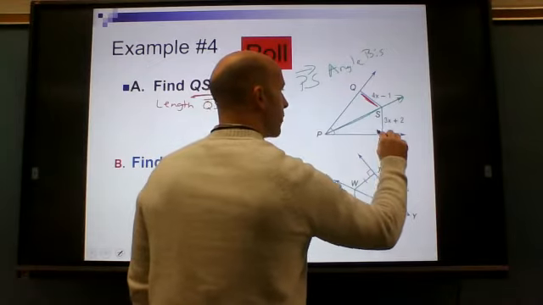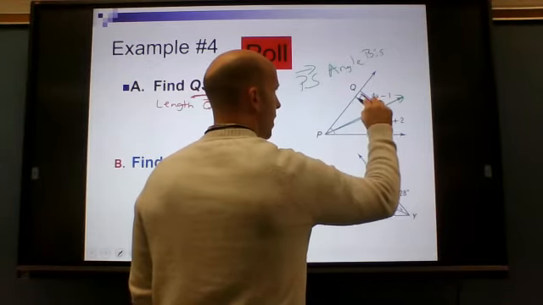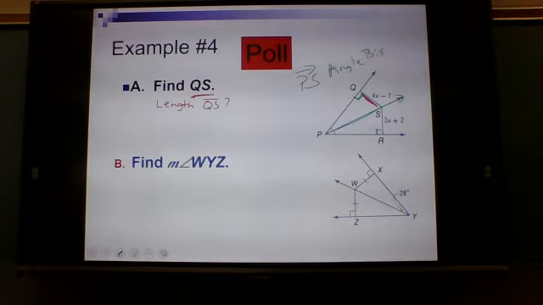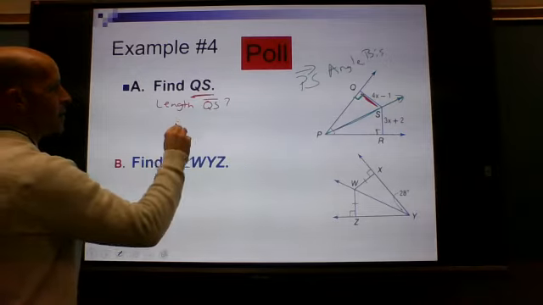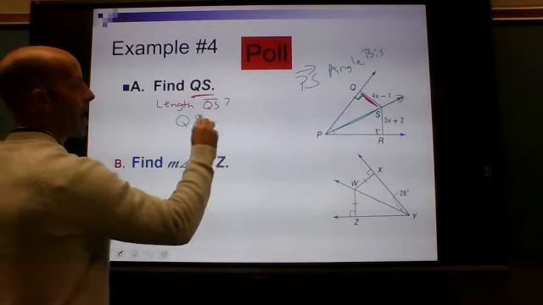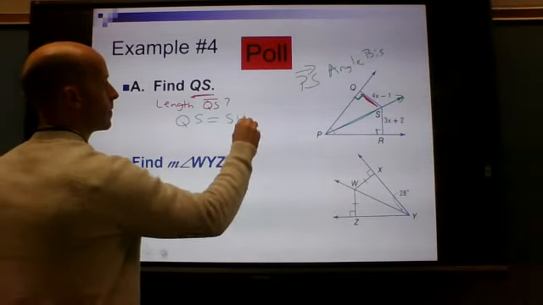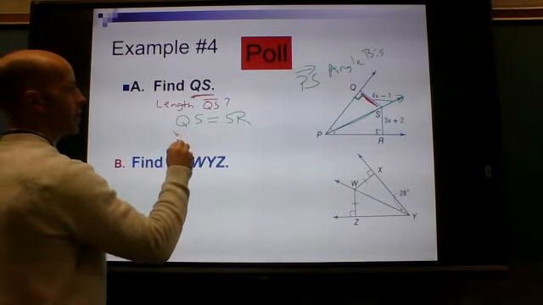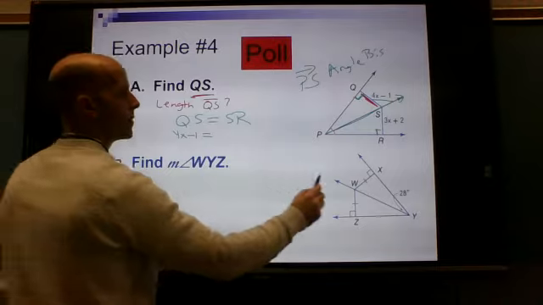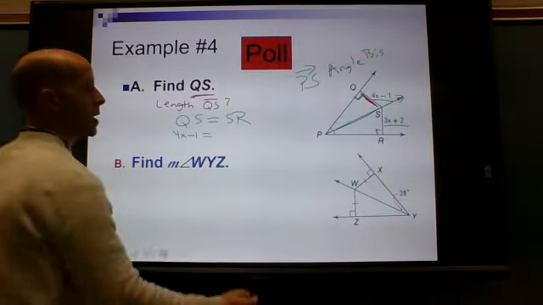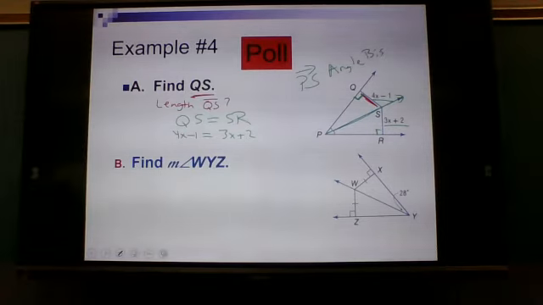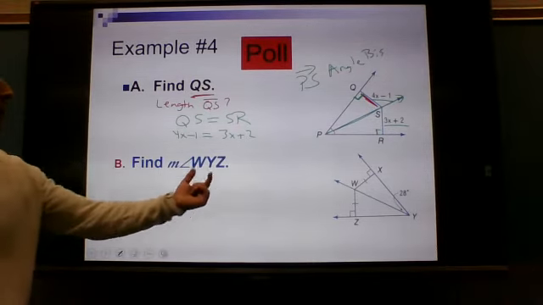I should have probably drawn in these being perpendicular, so I kind of messed that up, but we can figure that out. We just need to write an equation: QS has to be equal to SR. In this case, QS is 4x minus 1, and SR is 3x plus 2. So we just need to solve this equation, which is very simple to do.